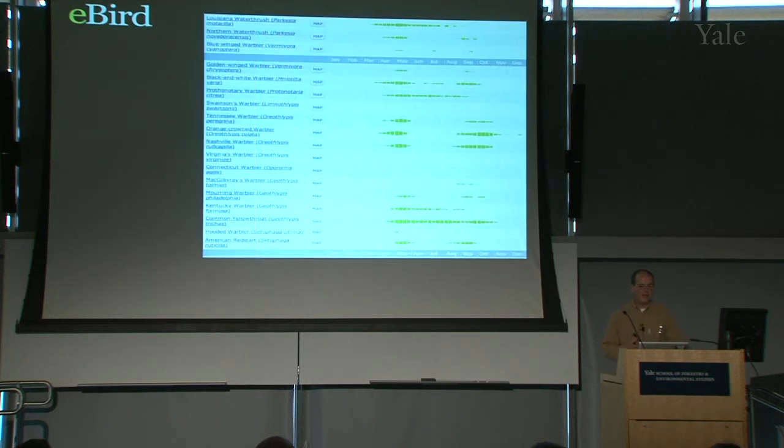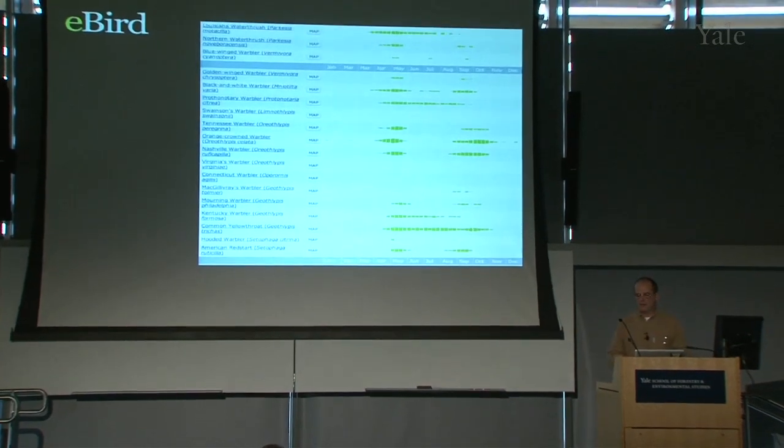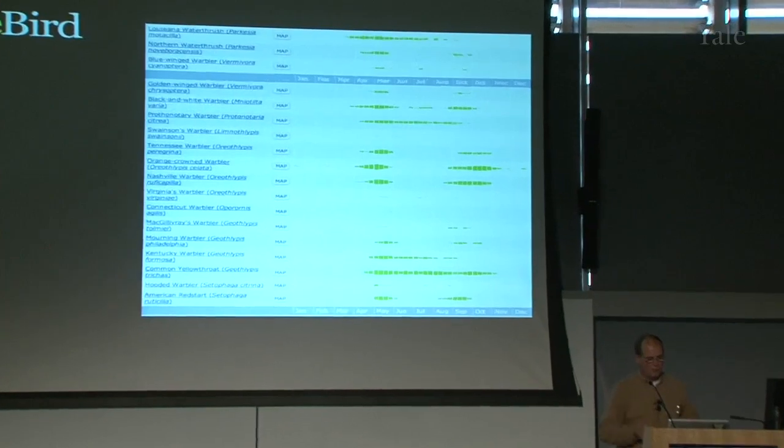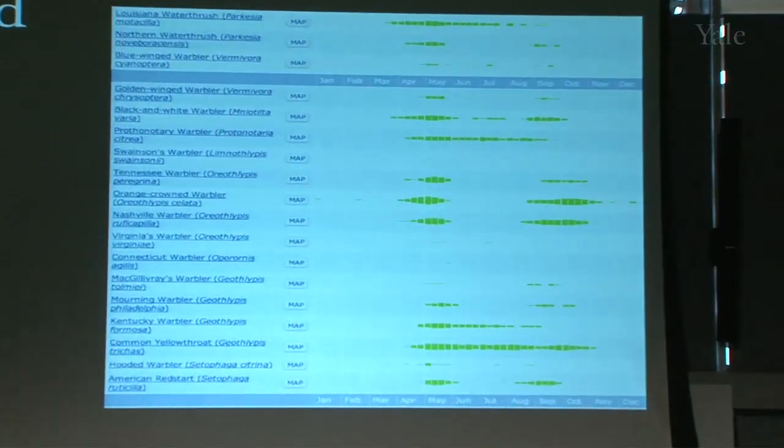The other thing about eBird is that we create a whole series of different real-time data visualizations to allow people to see, either through histograms like this or maps or graphs, patterns of bird populations at a variety of different scales.